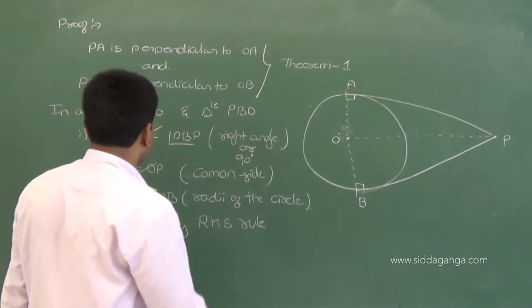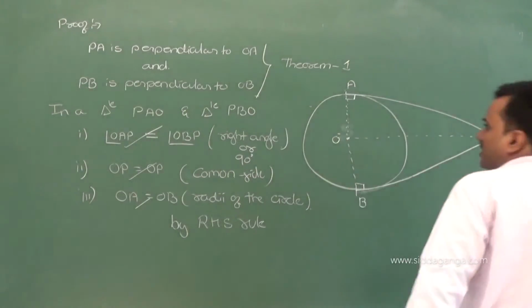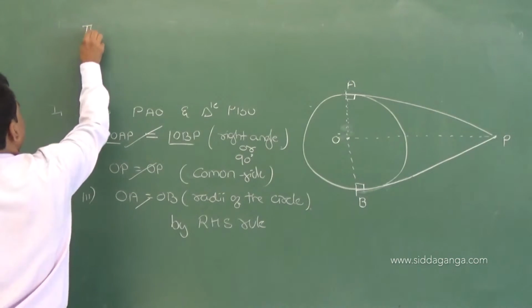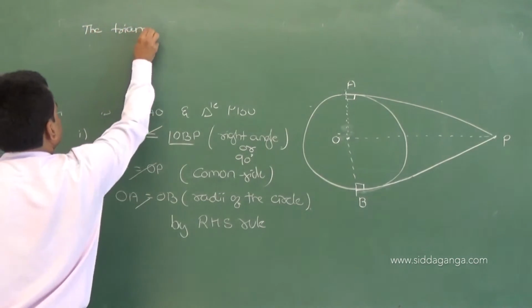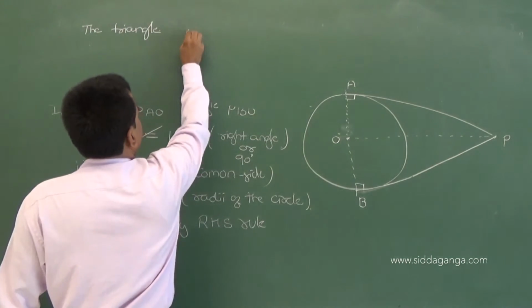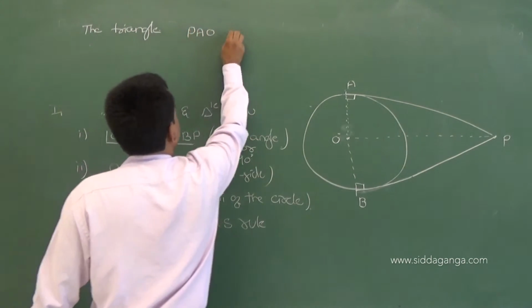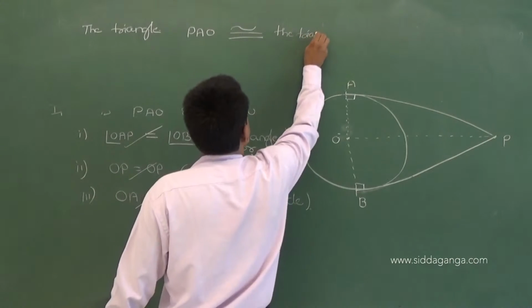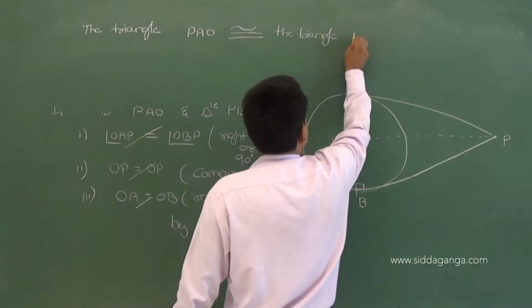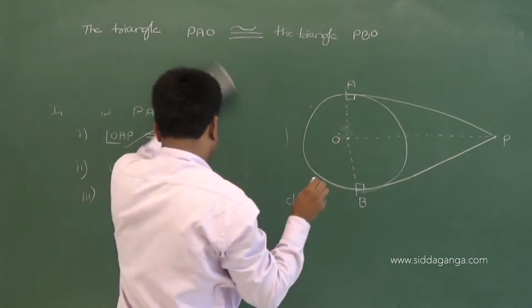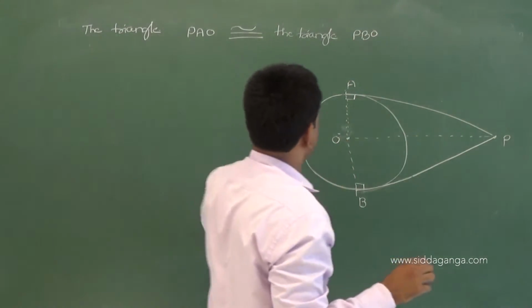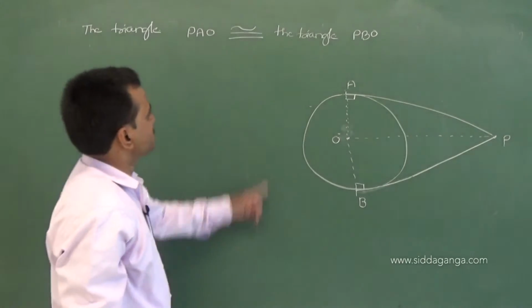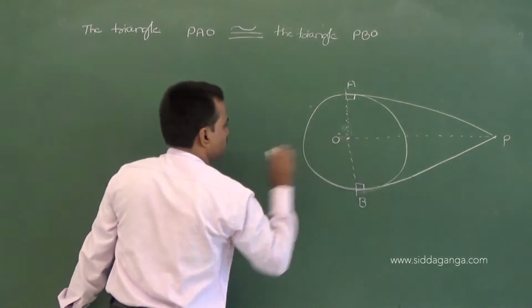According to the RHS rule, the triangle PAO is congruent to the triangle PBO.